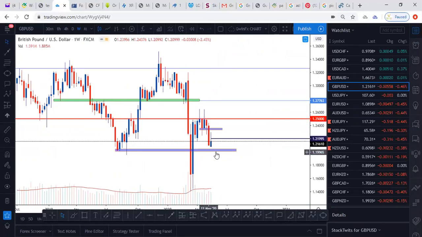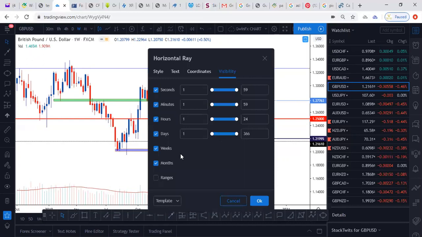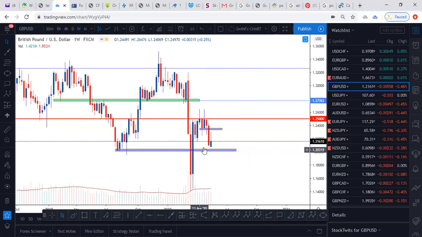Then it started retracing. We could expect that price to actually come back to bounce here. All right, but all the same, that is a situation we need to evaluate and see. But what can we see from the daily time frame?